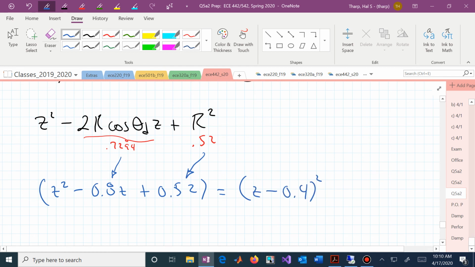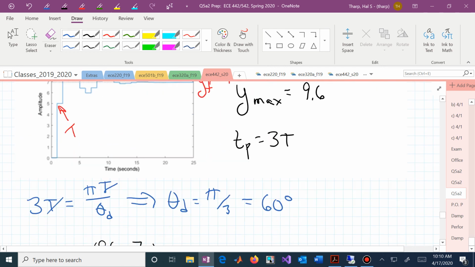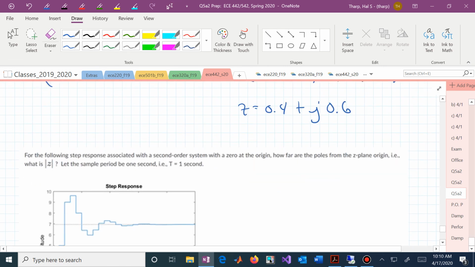Now if we complete the square, our pole location is 0.4 plus j 0.6. Did I give myself a chart?